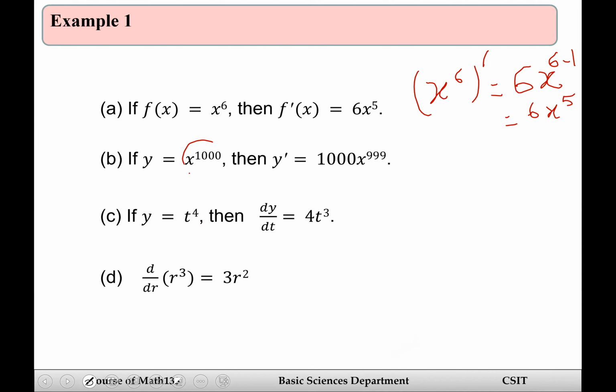If we want to differentiate x power 1/1000, the derivative will be 1/1000 times x power 1/1000 minus 1, that means 999. And you can continue to play with these examples like that. However, when the power is not an integer or a natural number like that, this formula still works. We will see it later.